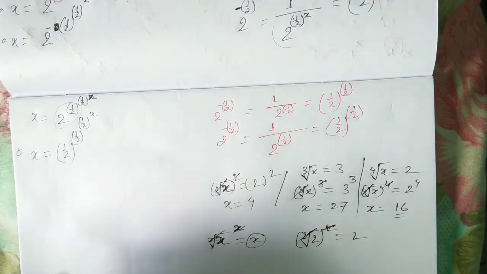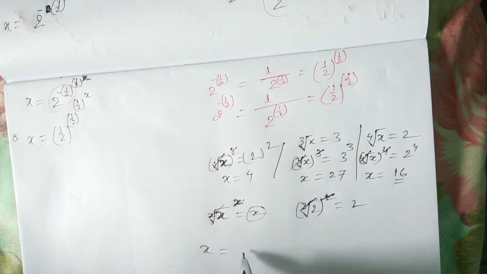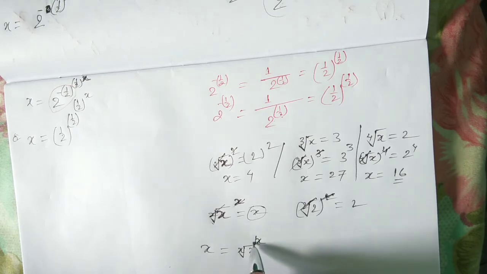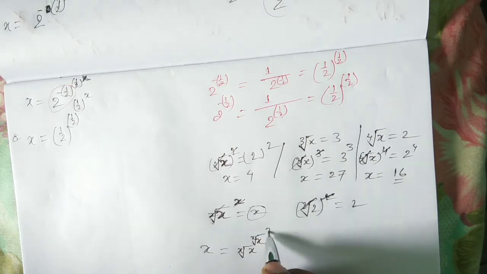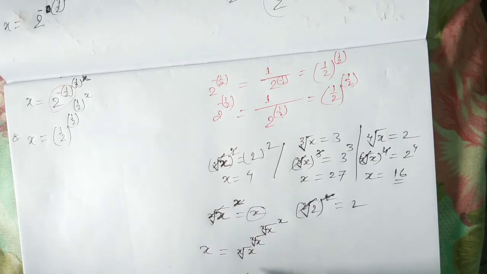So in place of x, x can also be written as xth root of x raised to power x. In the same way we can write it, because from this x root will be cancelled, and then from this x root will be cancelled, and finally we have only x here.